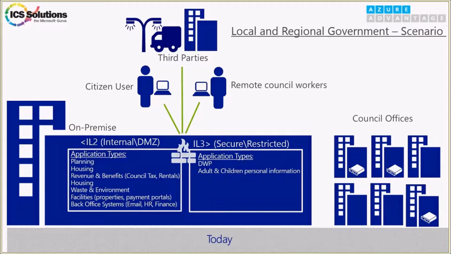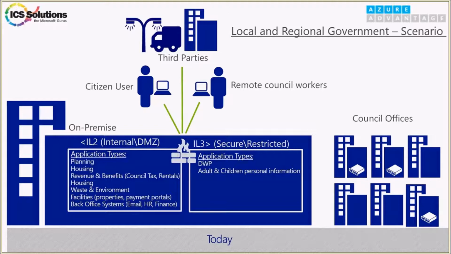So within public sector and regional governments, there's a classification of applications which are IL levels. And they're classified from IL1 up to IL6, although typically the higher end of ILs exist within much securer organisations.